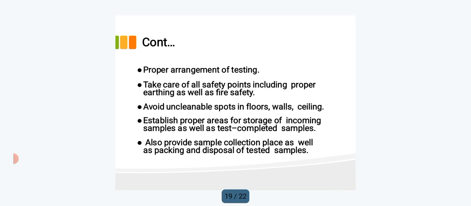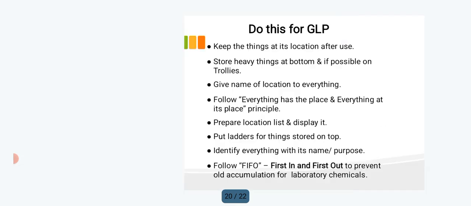Take care of all safety points, including proper earthing as well as fire safety. Avoid uncleanable spots in the floor, walls and ceiling. Establish proper storage areas for incoming samples as well as tested samples, and also provide a sample collection place as well as packing and disposal of test samples.